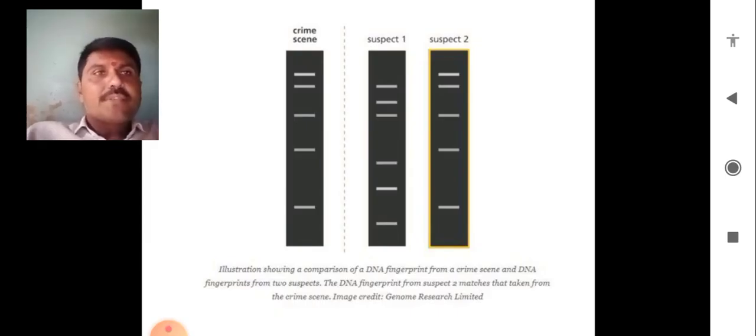This is the crime scene. Okay, suspect 1 and suspect 2. Look at the DNA pattern, which one is matching with the crime scene?